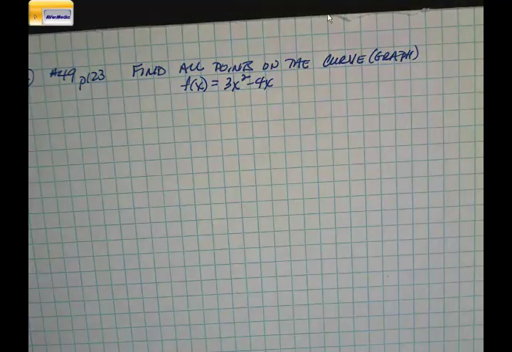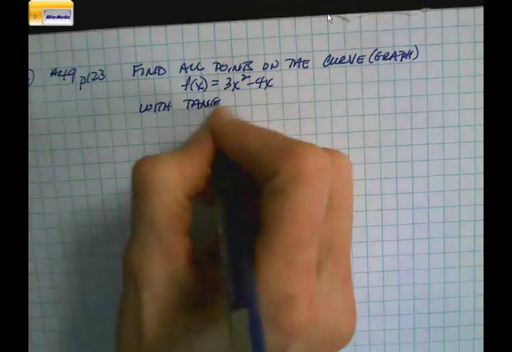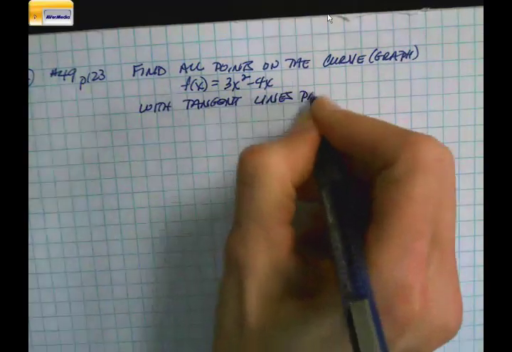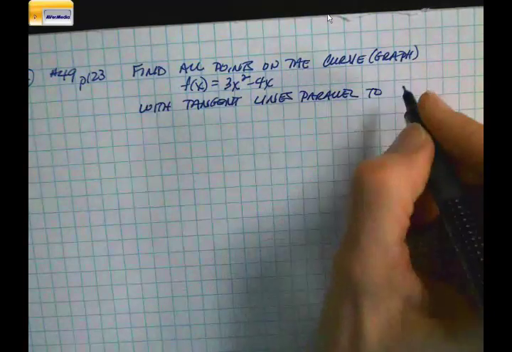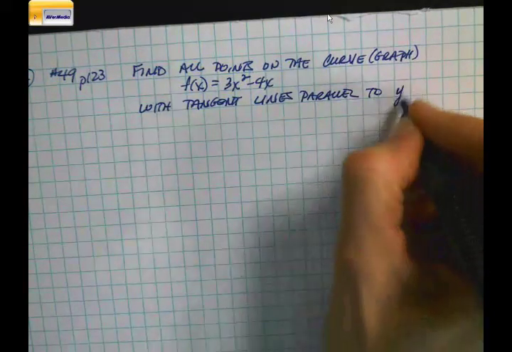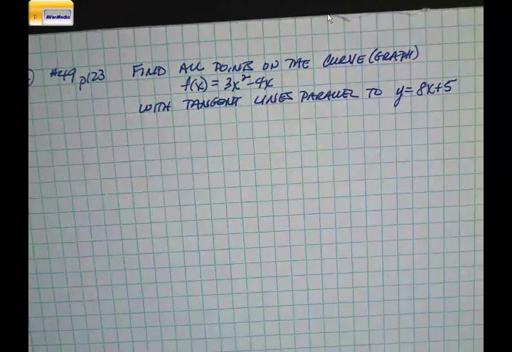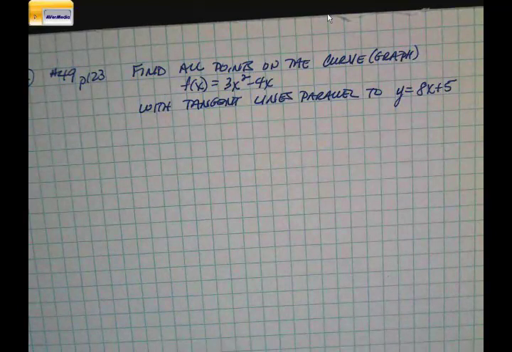Find all points on that curve with tangent lines parallel to y equaling 8x plus 5. Okay, this y equaling 8x plus 5, the only thing I need from that is the number 8, which is the slope of that parallel line. All I need is the number 8 off of that equation, y equaling 8x plus 5.